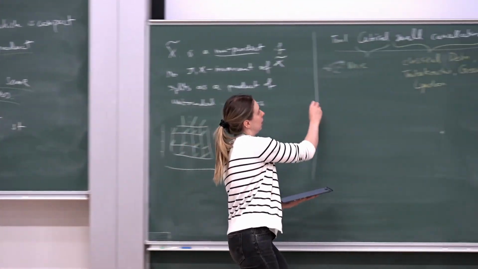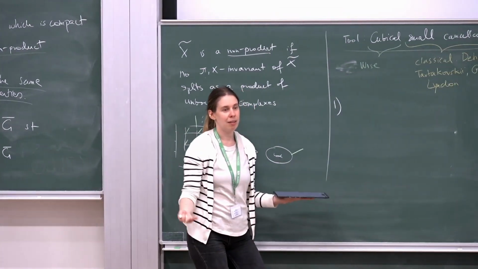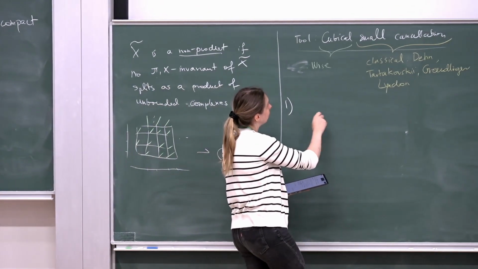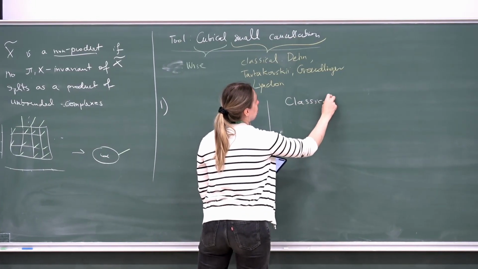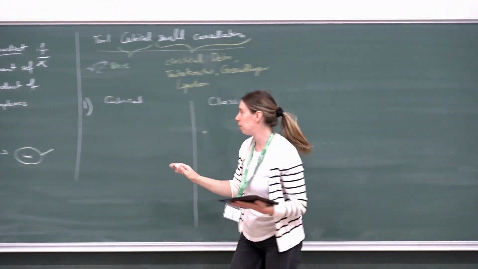To talk about small cancellation, we have to work with a group presentation. I'll use two sides, classical and cubical, and I'm going to start with the classical case.